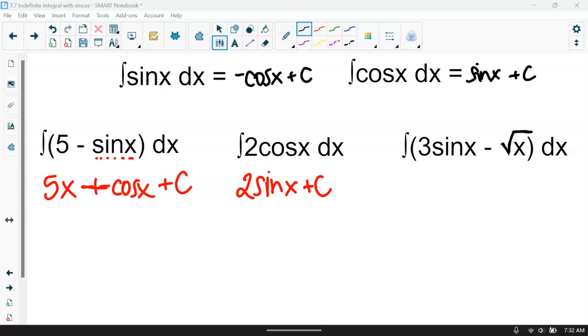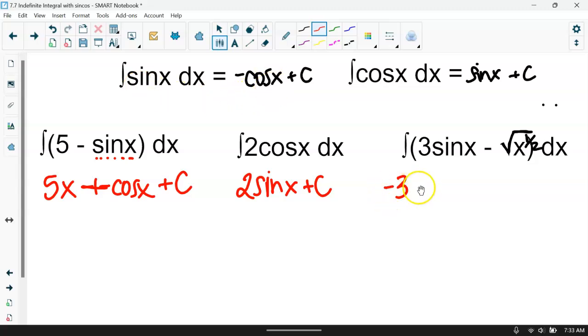And so with this last one here, notice you needed to rewrite. So remember, this is x to the 1/2 power. Then here we go. So 3 times sine of x, which is 3 times, so integral of sine is negative cosine.